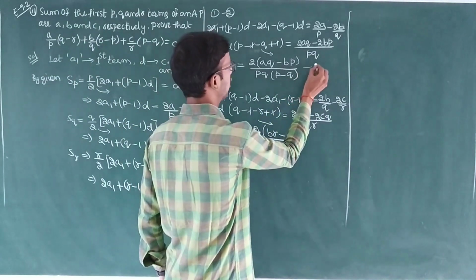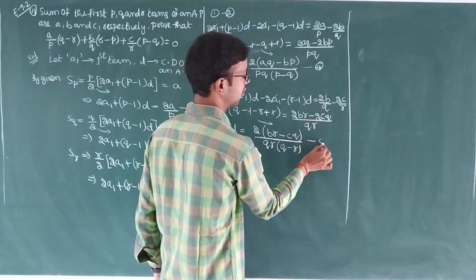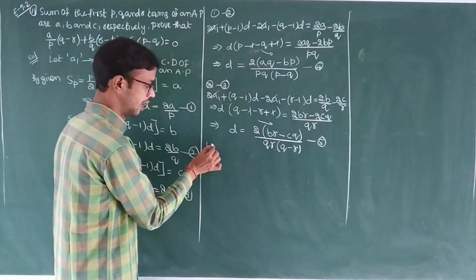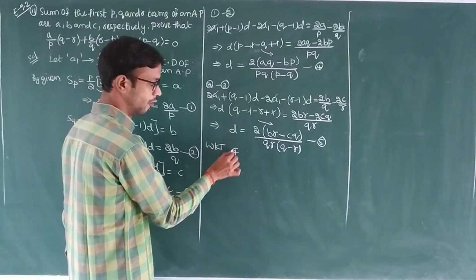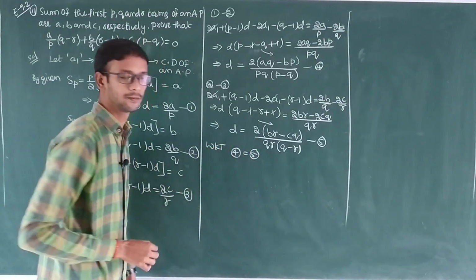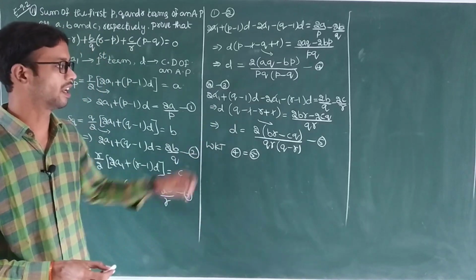So I will write here equation number 4 and equation number 5. We know that 4 is equal to 5. You have to make the equation here.